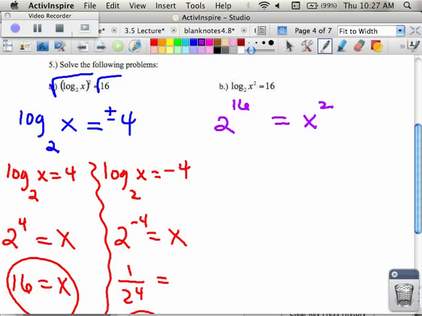Holy moly. 2 to the 16th I can't really do in my head. That's just too much. Oh, I don't have to do that.